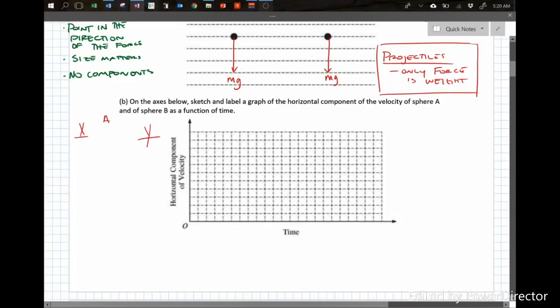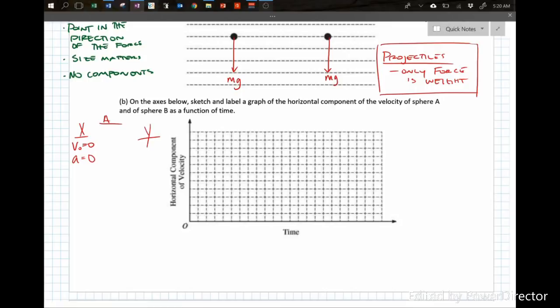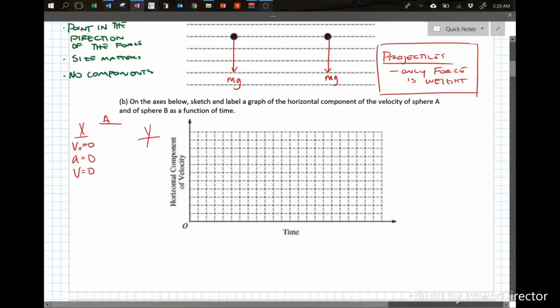So for sphere A as a projectile in the x direction, the initial velocity is 0 because it tells us it's falling straight down. The acceleration is 0 because there's generally no acceleration in the x direction for a horizontal projectile. And because of that, the final velocity is going to be 0. And we're all talking about horizontal stuff.